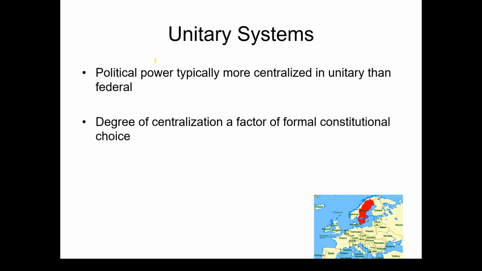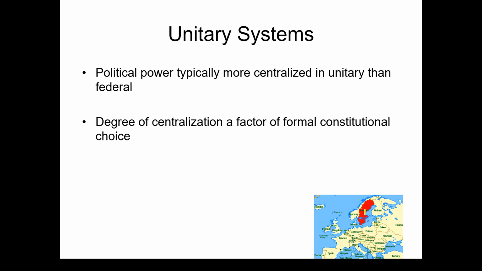Now, unitary systems are the ones where the entire country is one centralized unit. So political power is typically more centralized in these unitary systems, such as Sweden, which is an example of a unitary system where the central government controls the whole territory. There are cities, and there may be some local entities, but it's not broken up into states like the United States is, where the federal government delegates that power.